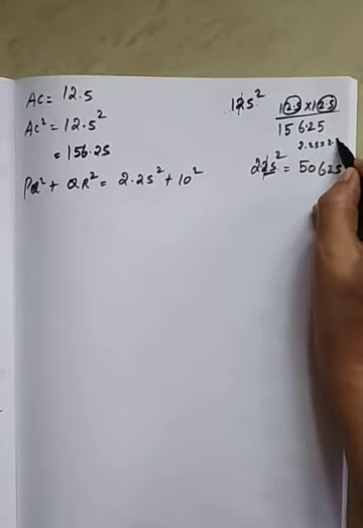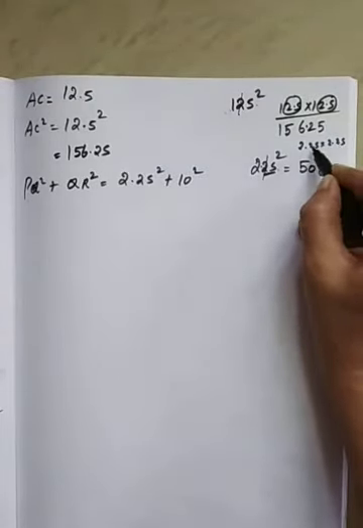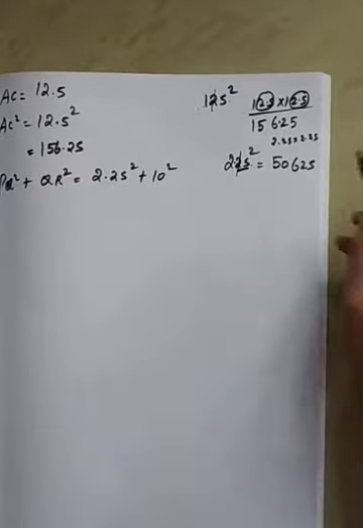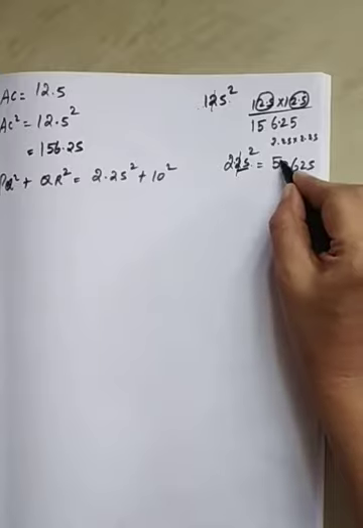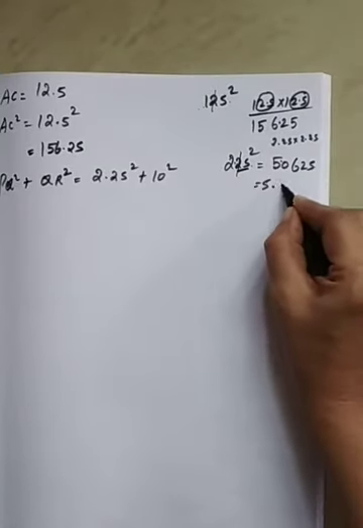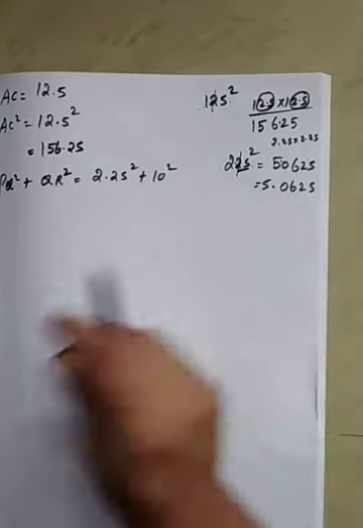In 2.25 into 2.25, there are four decimal places, so put the decimal accordingly. Your answer is 5.0625.